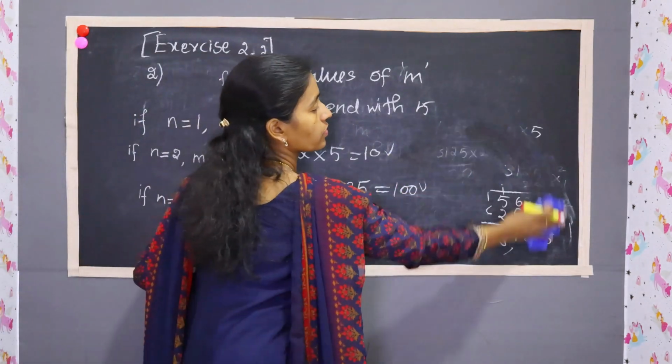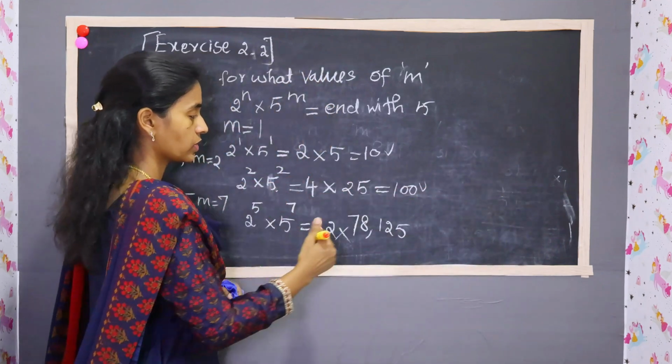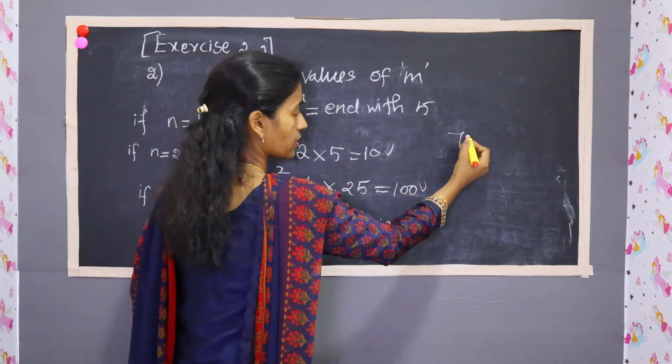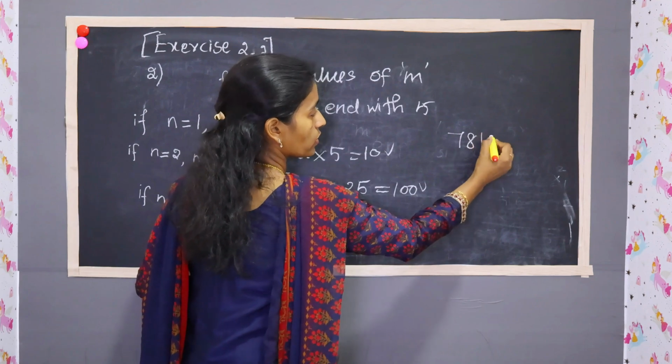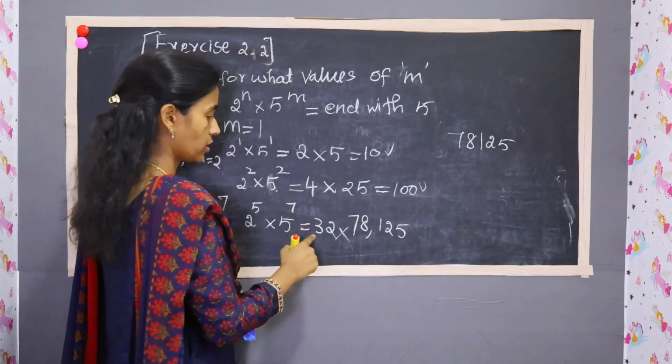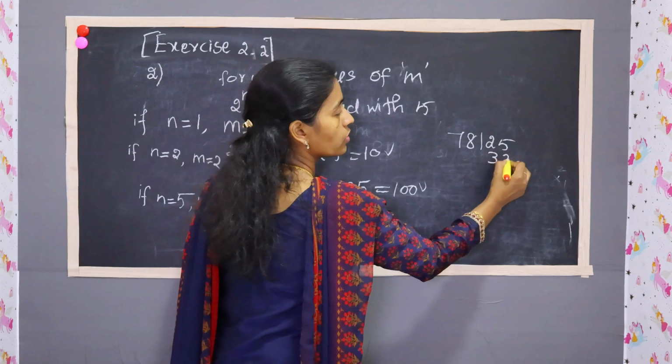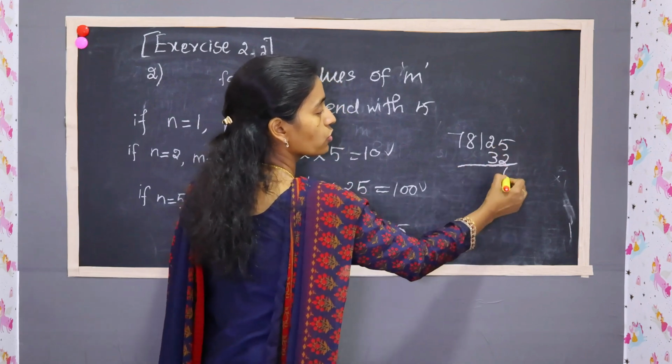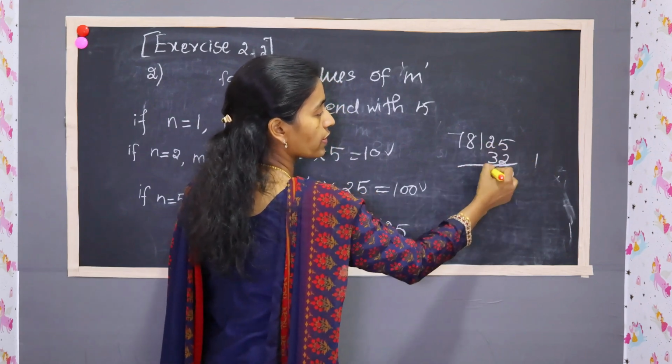78,125 into 32. 5 into 2, 10. 2 into 2, 4, 5.